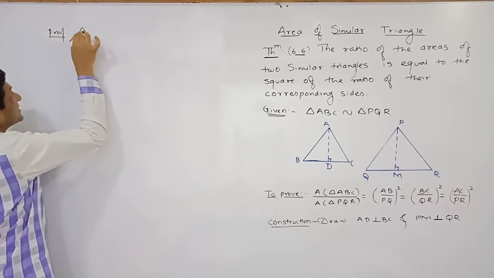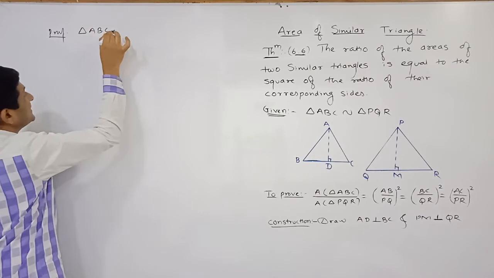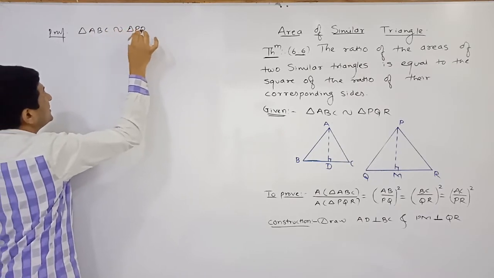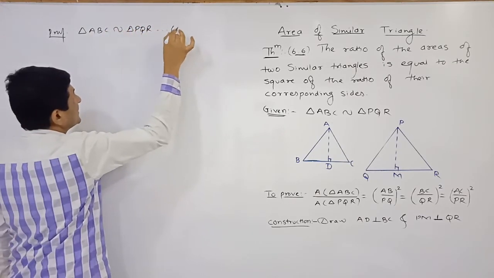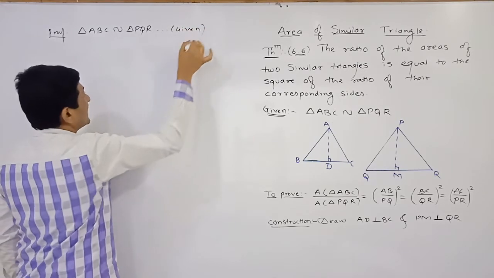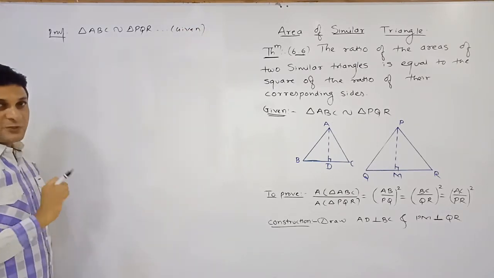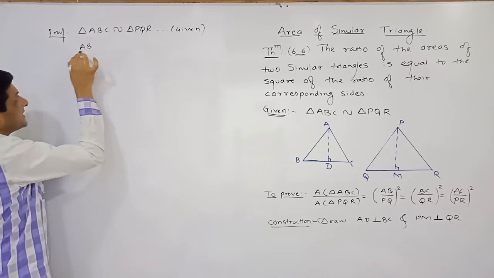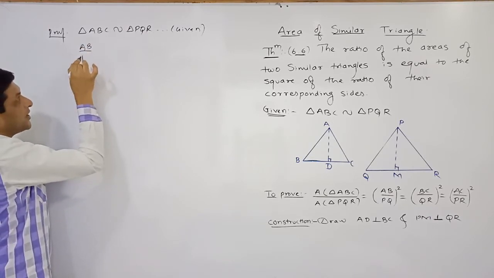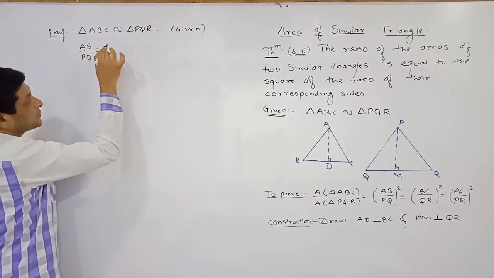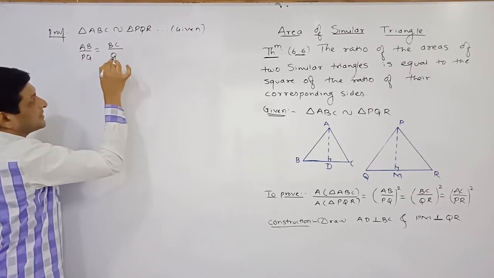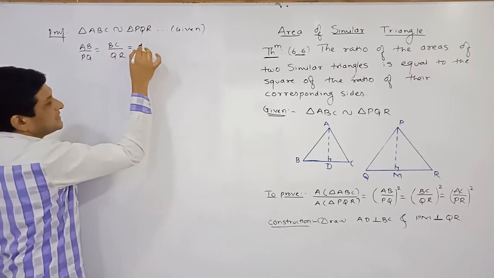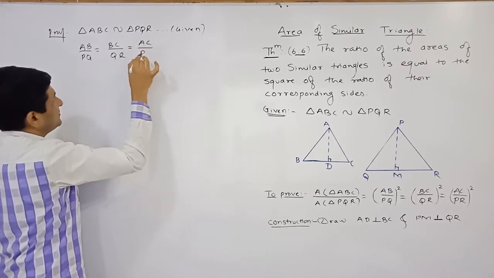It is given to us that triangle ABC is similar to triangle PQR. This is the given condition. And we know that if two triangles are similar, then corresponding sides are in proportion, meaning the ratios of corresponding sides are equal. So AB upon PQ is equal to BC upon QR is equal to AC upon PR.